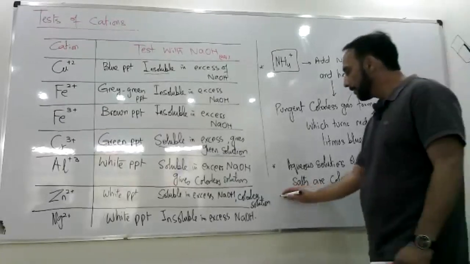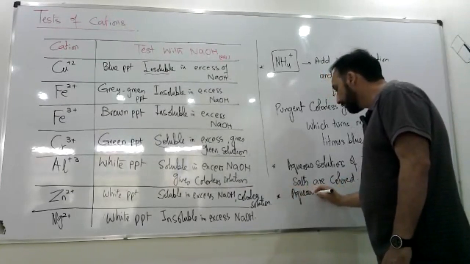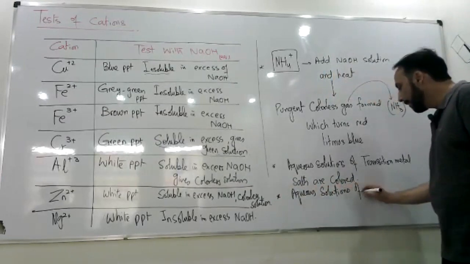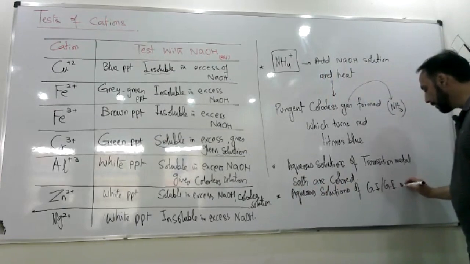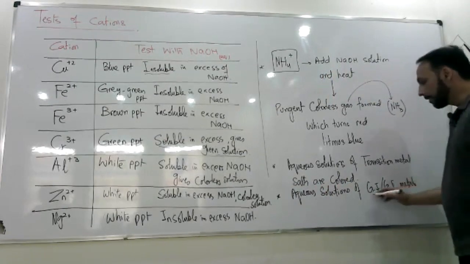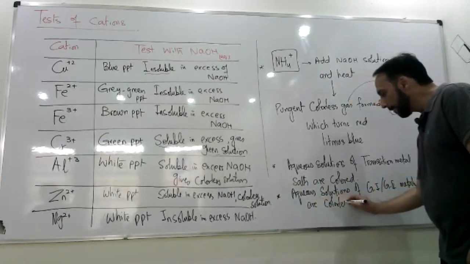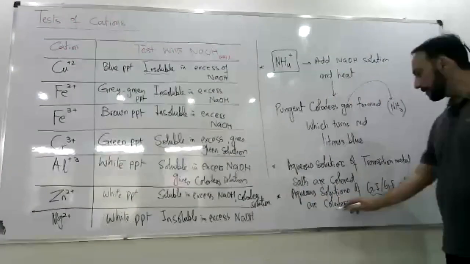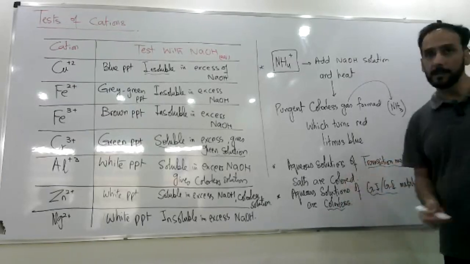And the aqueous solutions of group 1 or group 2 metals are colorless, like water, and the aqueous solutions of transition metal salts are colored.